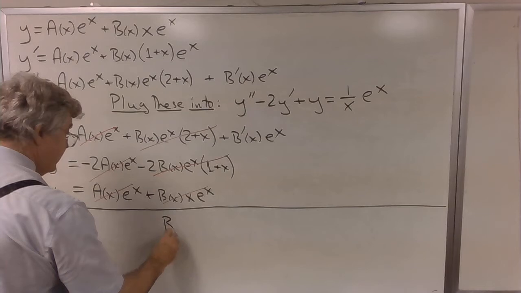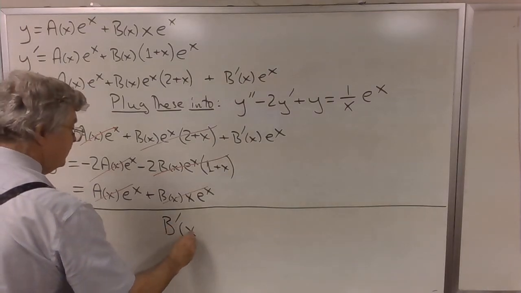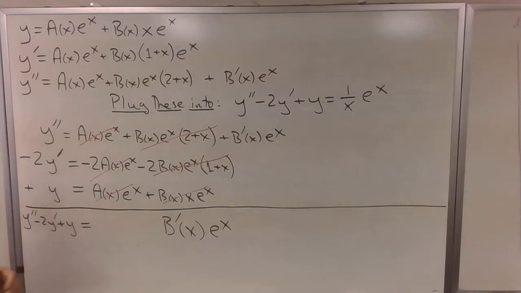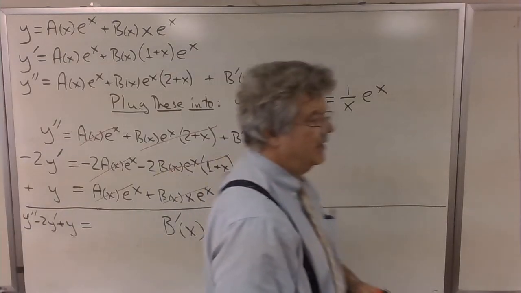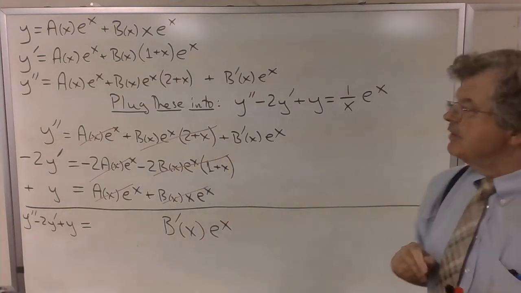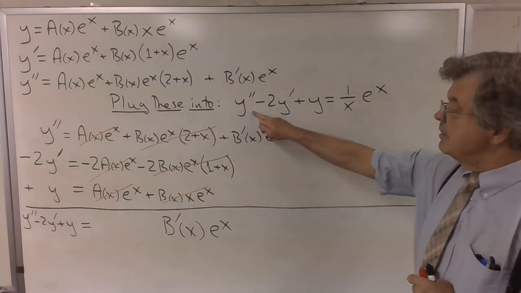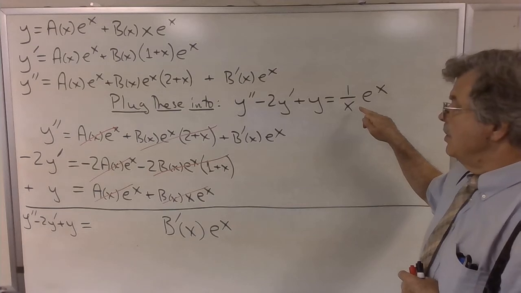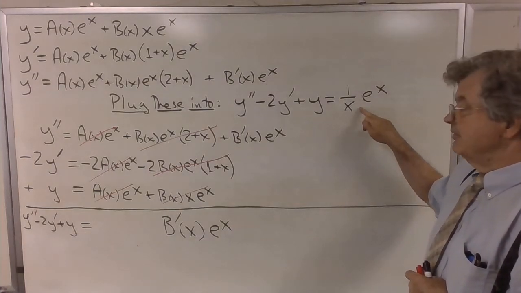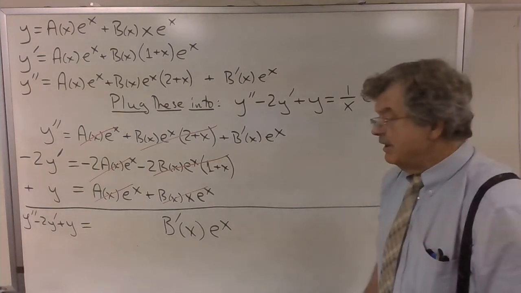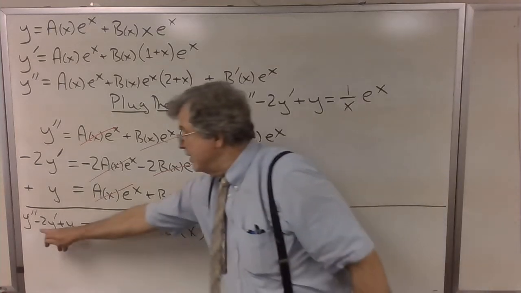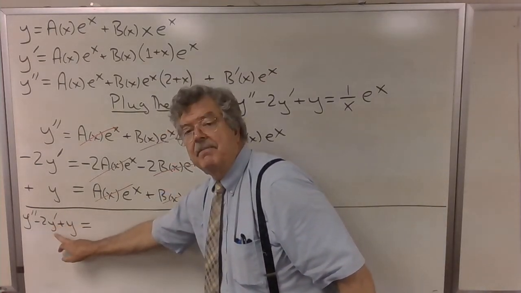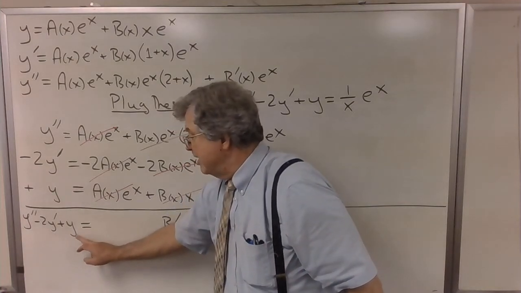So we get b prime x e to the x, and think back to our original equation. Y double prime minus 2y prime plus y equals 1 over x e to the x. Well, here we have y double prime minus 2y prime plus y.